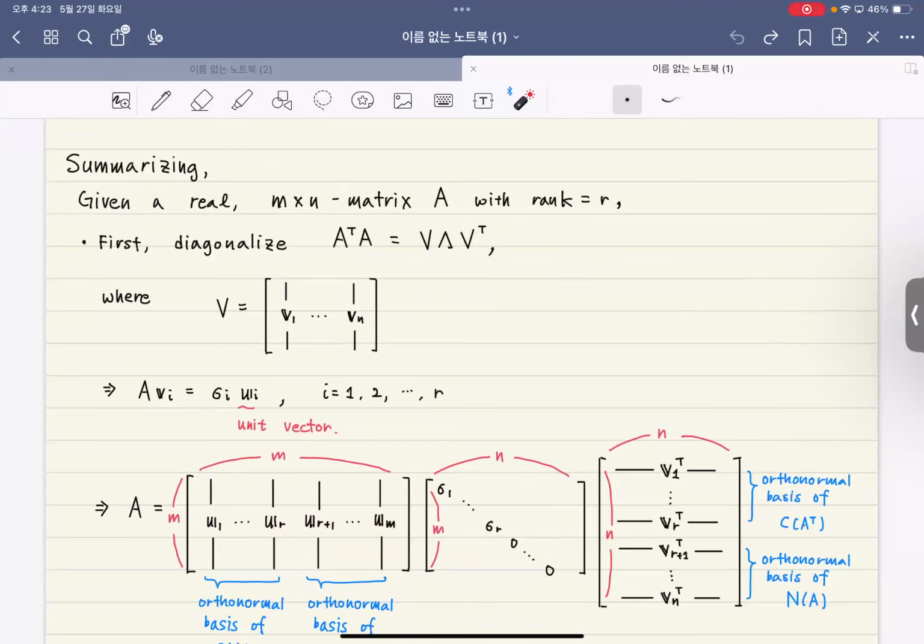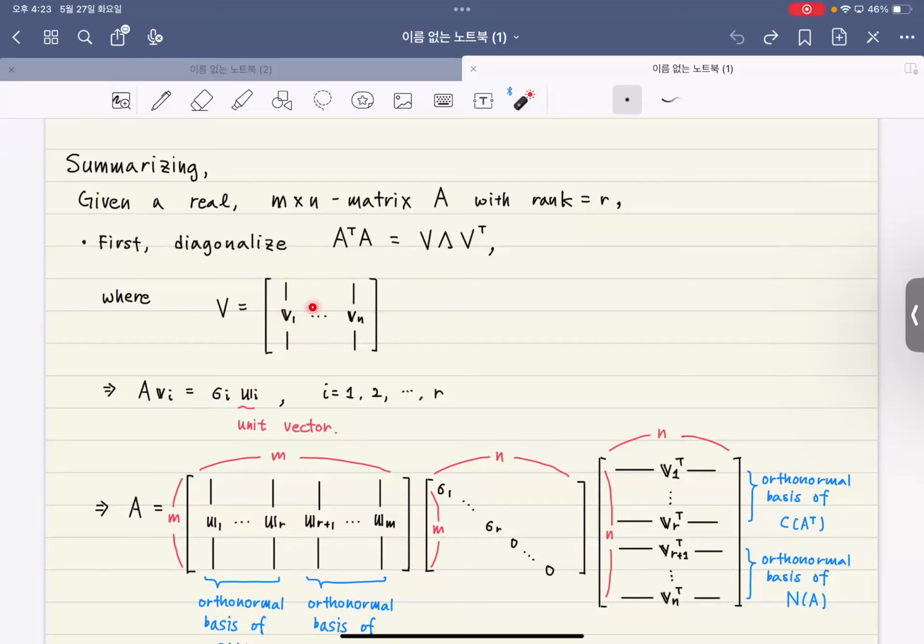I have no idea why I'm giving you another summary of the singular value decomposition, but why not? So, for any real m by n matrix with rank r, first we diagonalize A transpose A, and we obtain these n orthonormal unit vectors.